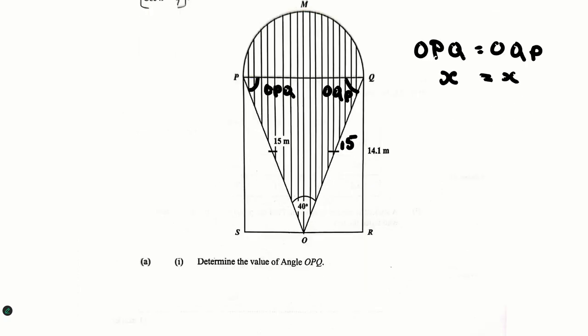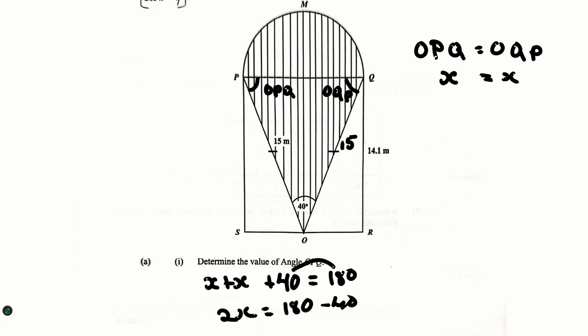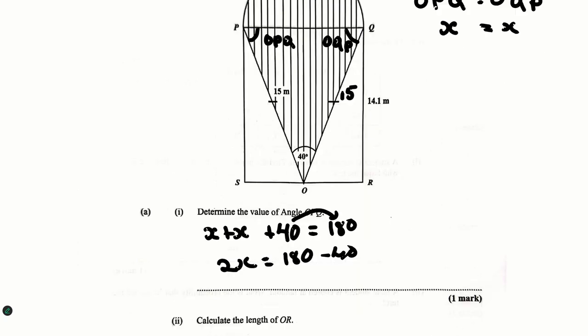Now, the next thing is, in a triangle, all the angles add up to 180. So we can say X plus X, which is OPQ plus OQP, plus 40 would give you 180. So that's 2x is equal to 180 minus 40. If I carry across plus 40, it turns to minus 40.